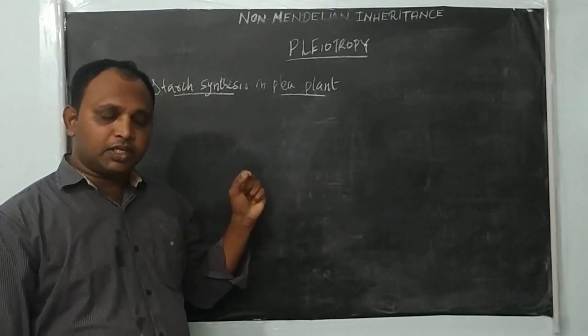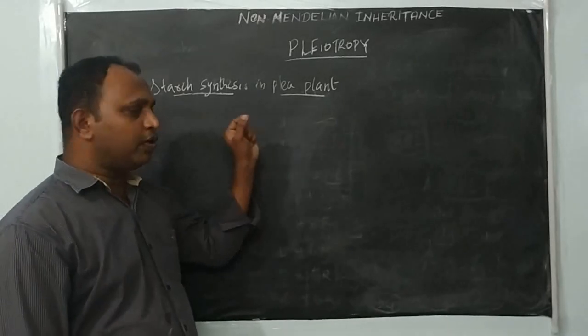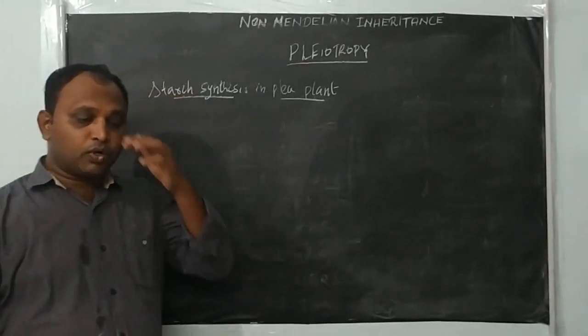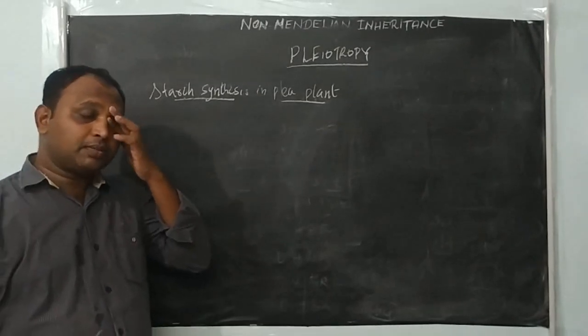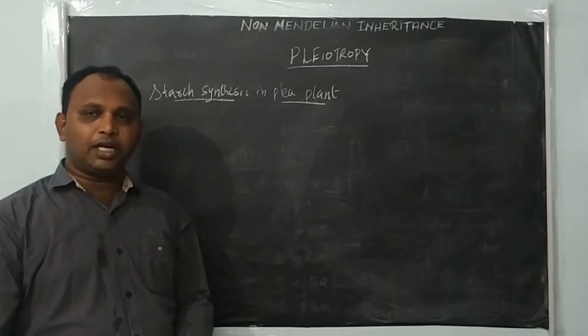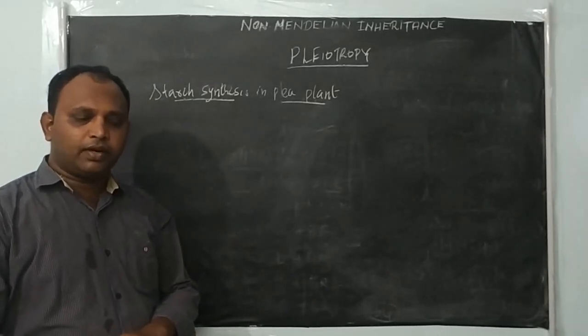The gene which is responsible for multiple phenotypic effects, we can call a pleiotropic gene. In most cases, the mechanism of pleiotropy is the effect of a gene on a metabolic pathway, which contributes towards different phenotypes.